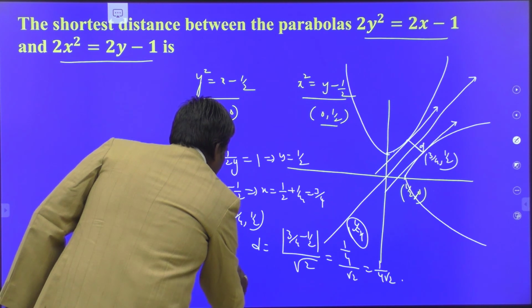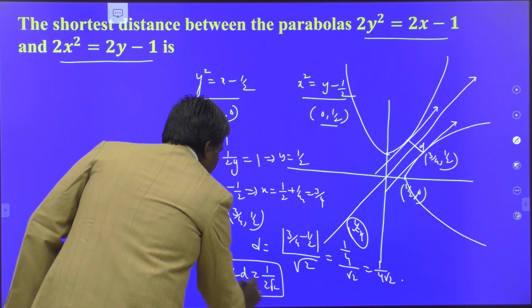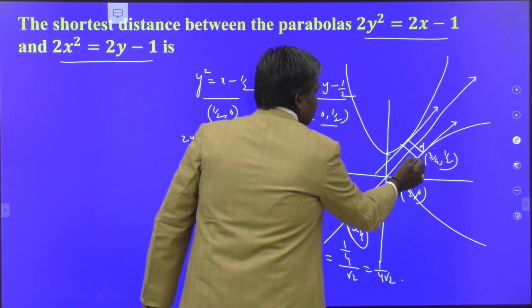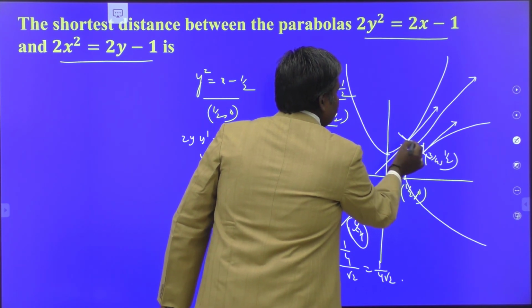So 2d is 1/(2√2). 2d is the total distance. This is the shortest distance between these two curves.